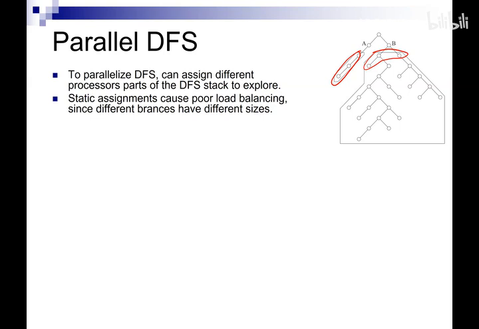In that case, you get a very poor load balance. And when you first made this assignment between these two processes, you don't really know which one is going to have a large subtree or which one is going to have a small one. So in general, if you just assign statically, if you do this assignment once, you could end up with a very bad load imbalance.